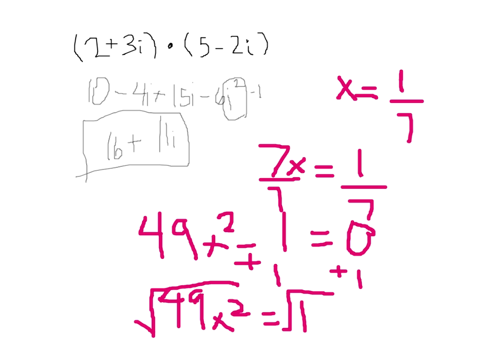Okay, what was the original problem here? 49x squared minus 1 equals 0.